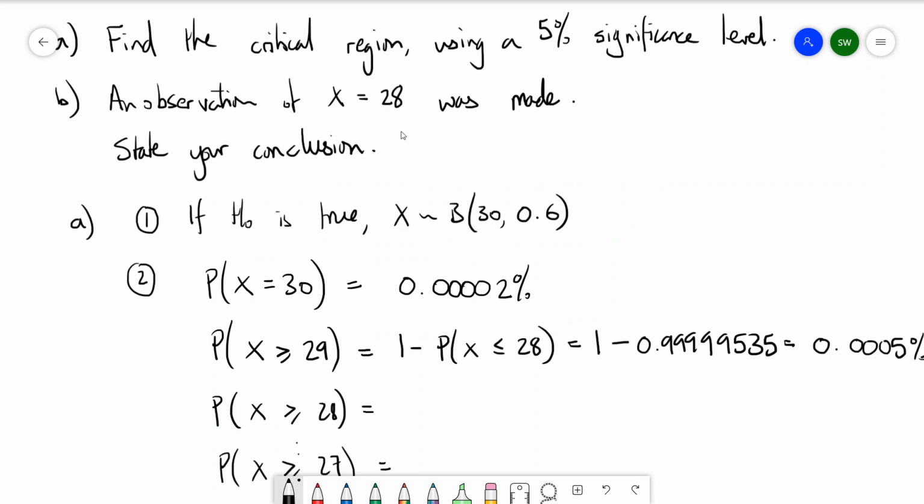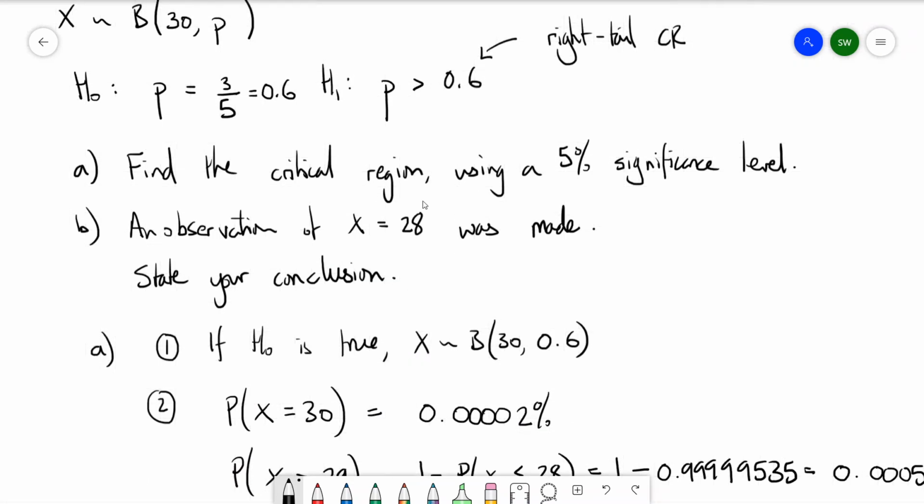So for part B, we actually saw an observation of x equals 28. So when we did our 30 trials, we recorded 28 out of the 30 were successes. So basically what we've got to ask ourselves is, is 28 big enough to convince ourselves that the probability of success is greater than 0.6?